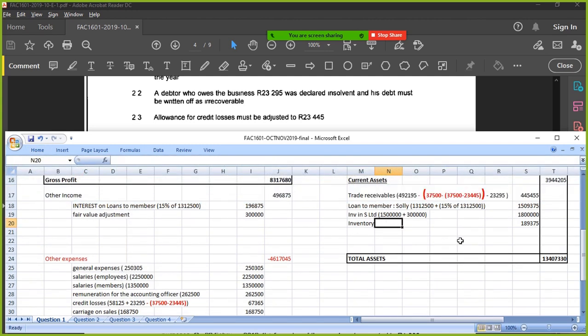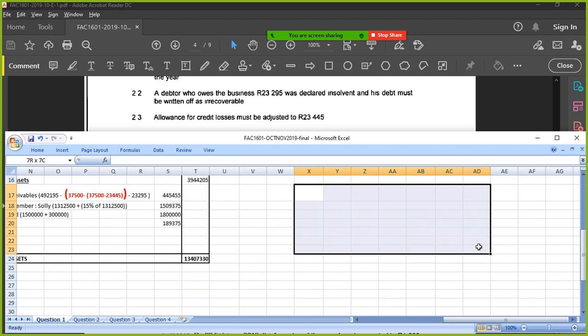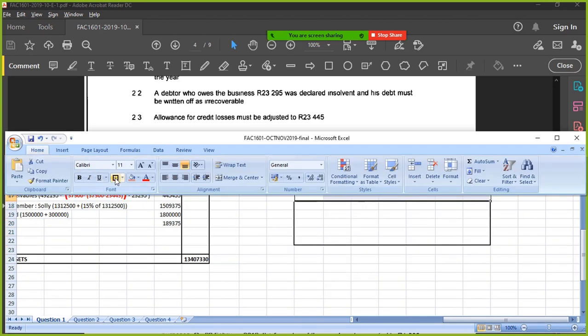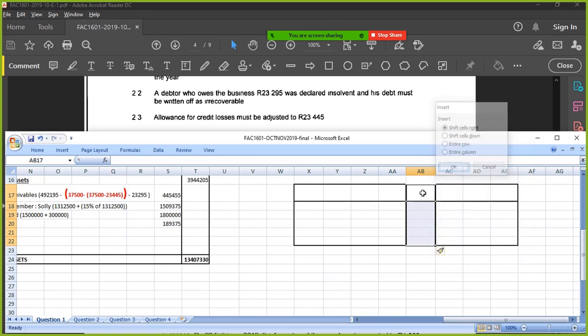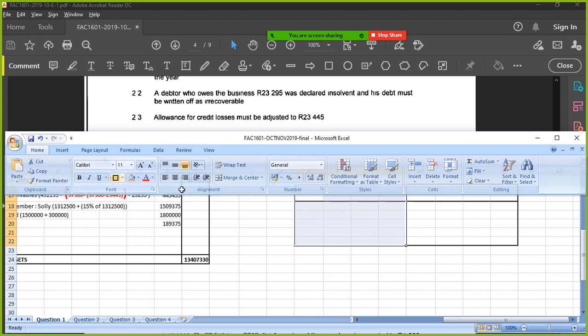Can you do it for me in a T account, please? Like if you had trade receivables, you had the allowances for credit losses.